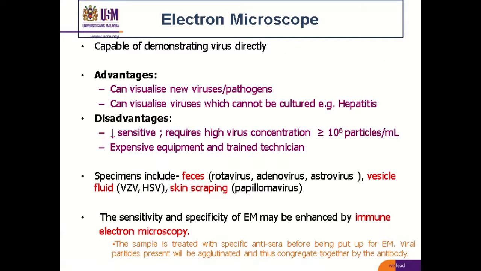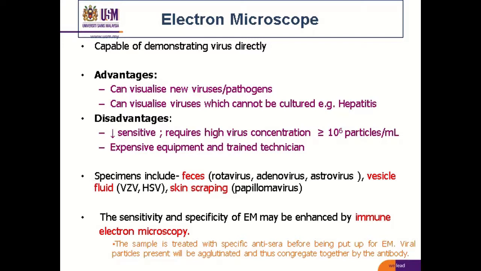The next method which can be used is electron microscopy, which is capable of demonstrating the virus directly. The advantage is we can visualize new viruses or pathogens, and can visualize viruses which cannot be cultured, such as hepatitis. In Malaysia we discovered the Nipah virus through electron microscopy.